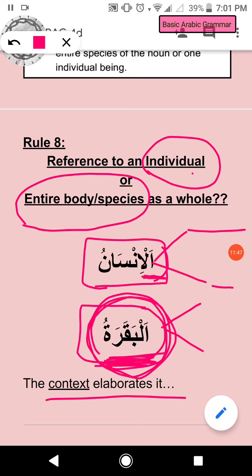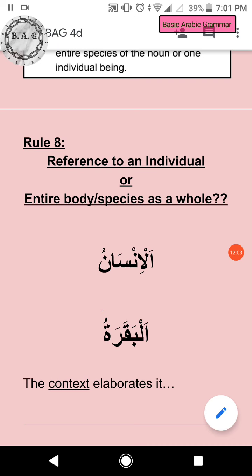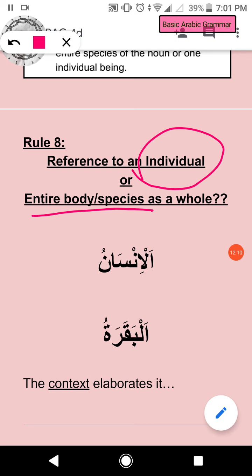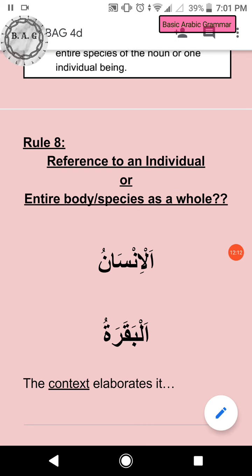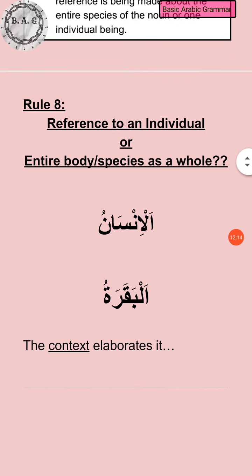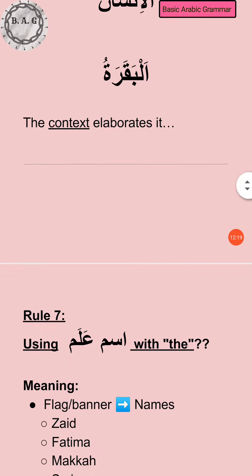Similarly, in Al-Baqarah, they wouldn't have been told to slaughter all the cows, so it has to be one special cow. So once again, rule number 8 was reference to an individual or the entire species as a whole. This is one of the unique things in Arabic language: there are two uses of al, and it's the context that elaborates.